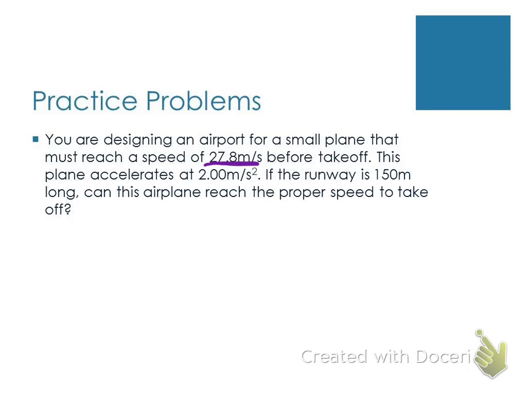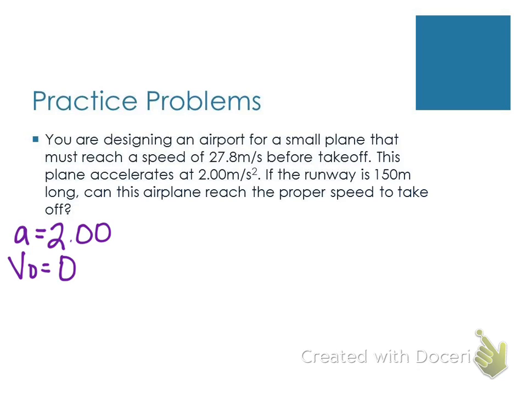Okay. So let's go ahead and start identifying what we do have. We do have its acceleration. We do have its initial velocity, don't we? Zero, yeah, it's zero. Right? We're talking about a plane starting on the runway, speeding up to try and take off, right?